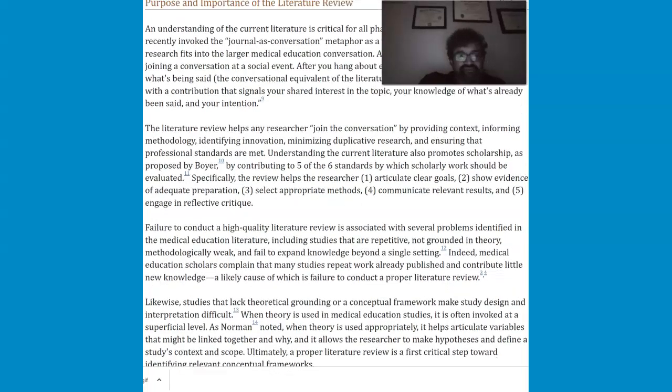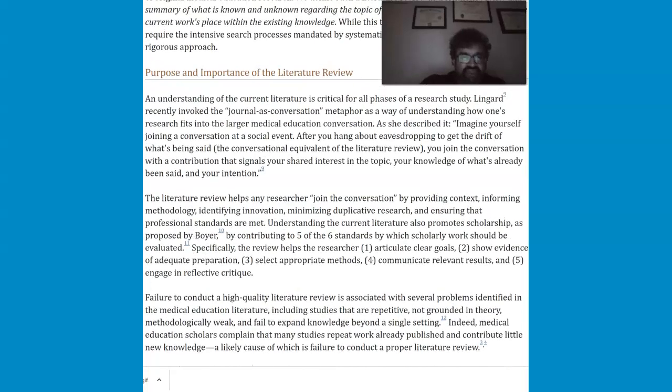Use them. Journal articles, we have kind of a slant against journal conversation, but in a way it is, because it's a way of understanding how one's research fits into the larger medical education conversation.